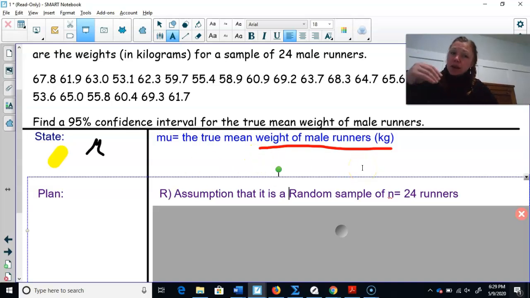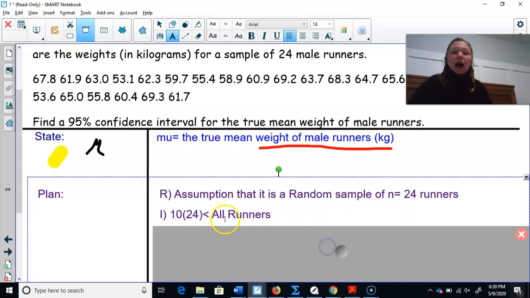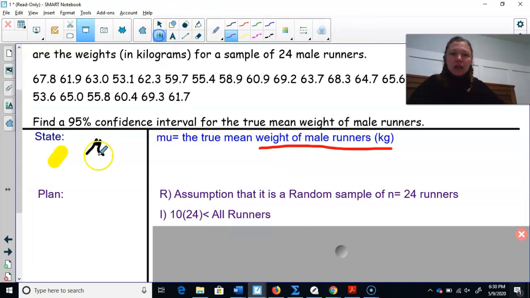The next one is I. So we're still using that acronym of RIN for the conditions. For the I, this is just like we had before: we take 10 times the sample size, which has to be less than the population size.